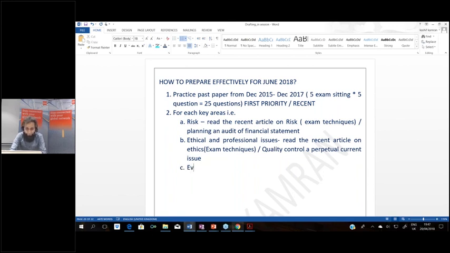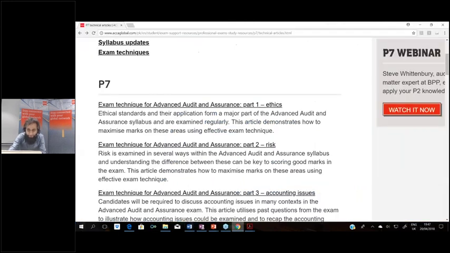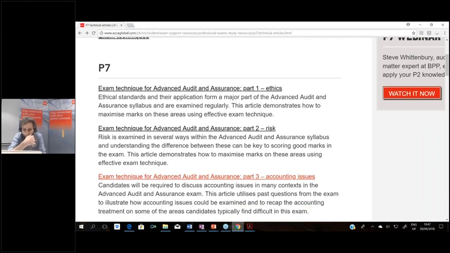For evidence, you have to read the recent article, because evidence is more on accounting matters. Part 3, accounting issues, exam techniques for advanced audit and assurance, part 3.